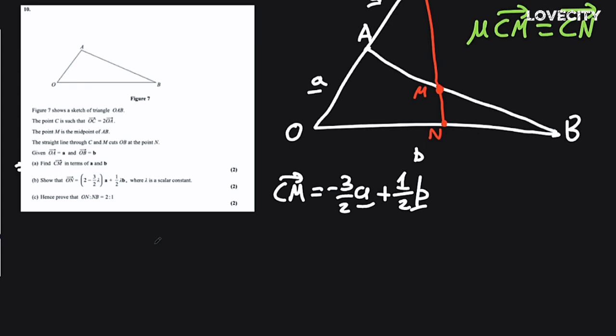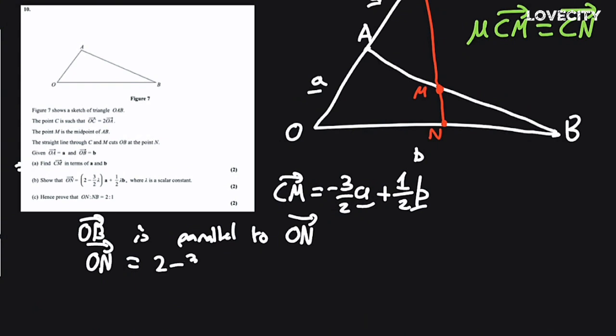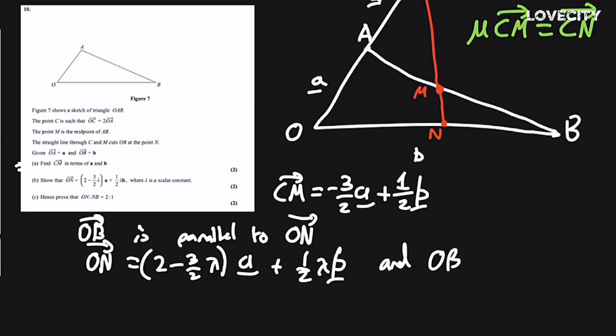And you had to use the fact that O to B is parallel to O to N, i.e. there can't be any a part. So if O to N equals 2 minus 3 over 2 lambda a plus a half lambda b, and O to B is just equal to b, we get that 2 minus 3 over 2 lambda is equal to 0.